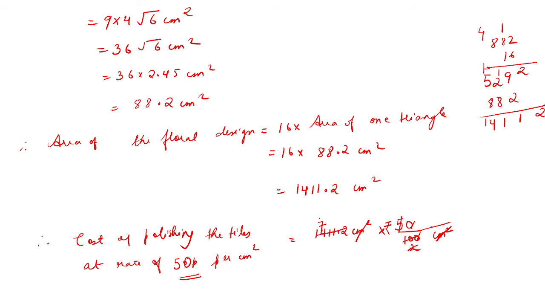And then you're left with 0, 2 fives are 10, and 2 6. So you're left with rupees 705.6. Clear? This is your answer.